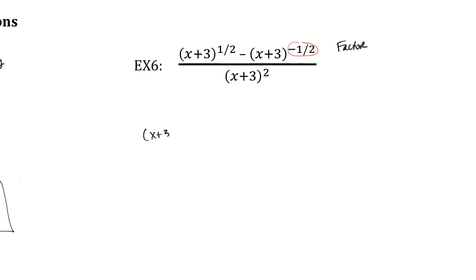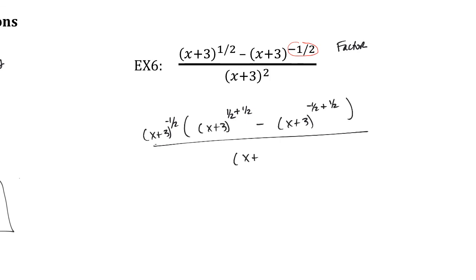X plus 3 to the negative 1/2 comes out, and I'm left with x plus 3 to the 1/2. I would be dividing by my x plus 3 to the negative 1/2. When you divide by a negative, it ends up adding. So out that factors x plus 3 to negative 1/2 plus 1/2.